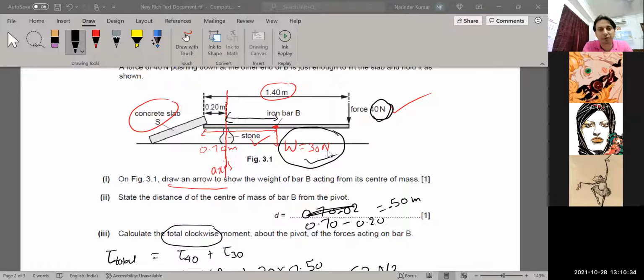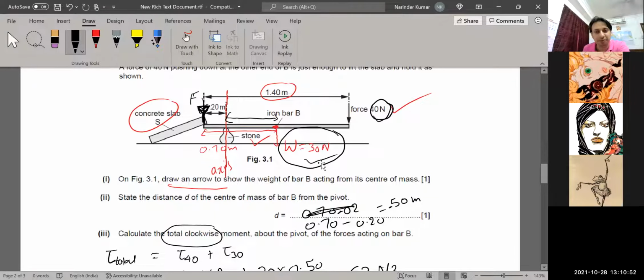So where should I put the arrow? They are asking about this downward force, which is unknown. I have to calculate this force F here, children. How much force should I apply at this point?